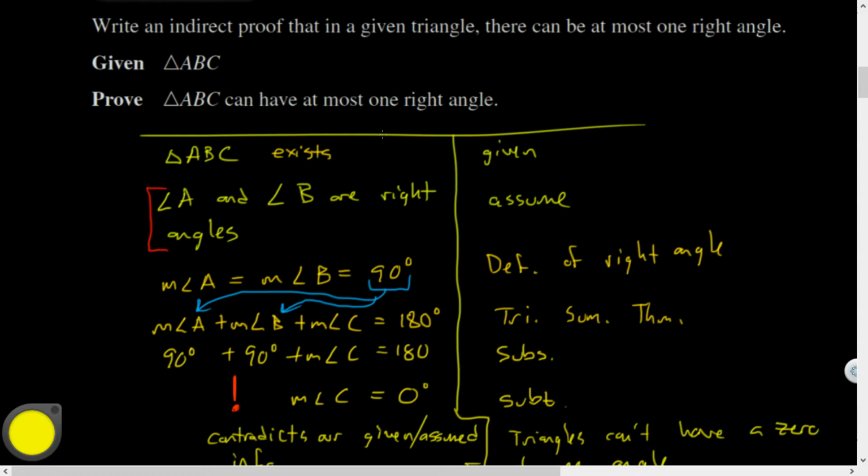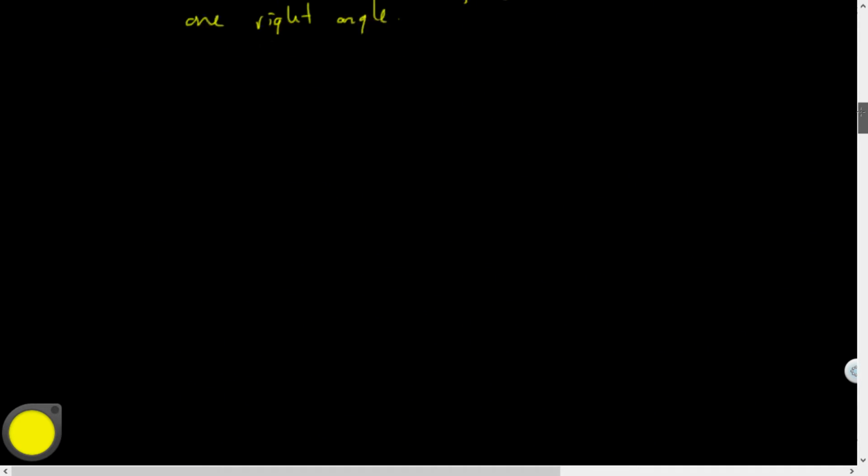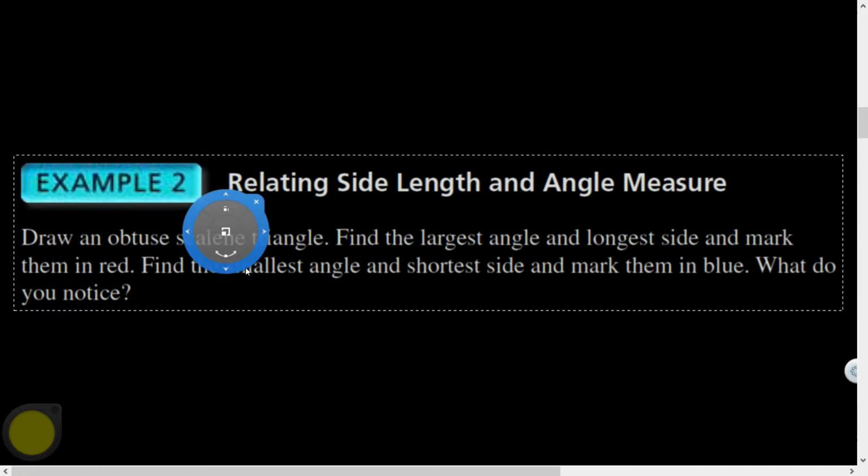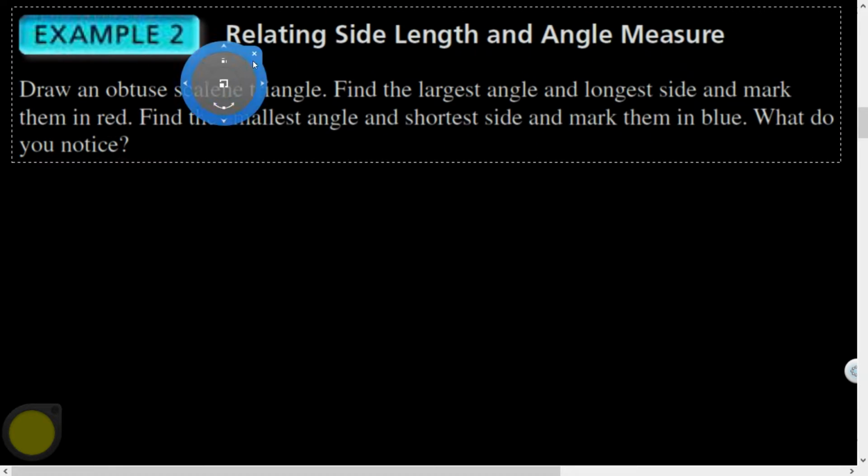I proved that triangles can have at most one right angle. The way I did that was by pretending they could have more for a minute and showing that it doesn't work. Sometimes proof by contradiction will be an effective means to show something where it might be even faster than the alternative. All right, here we go.